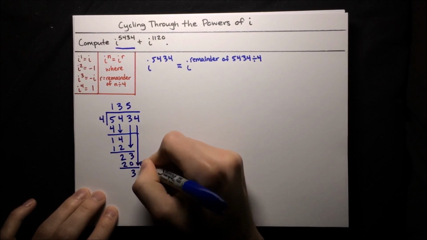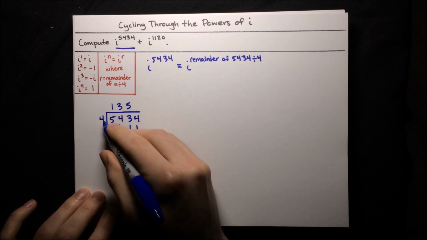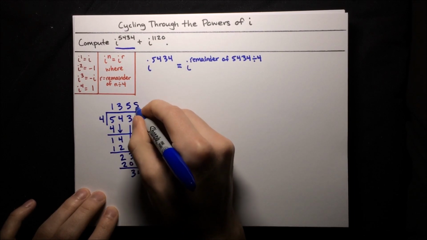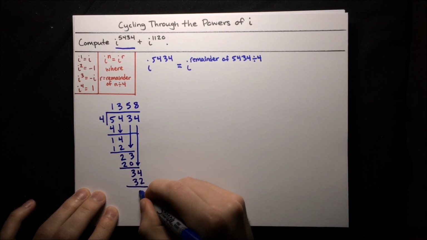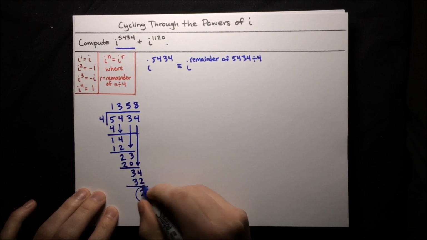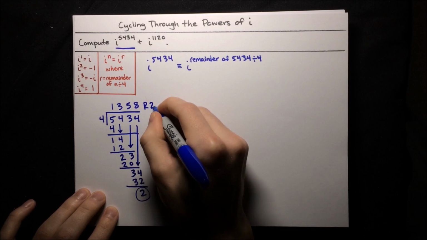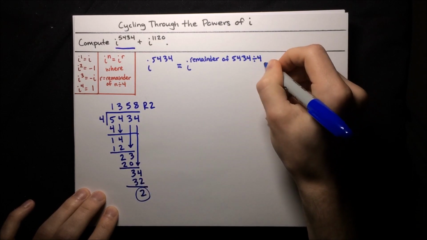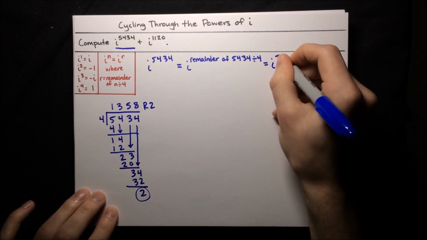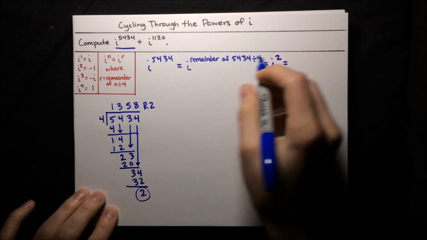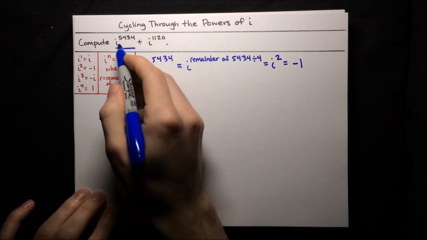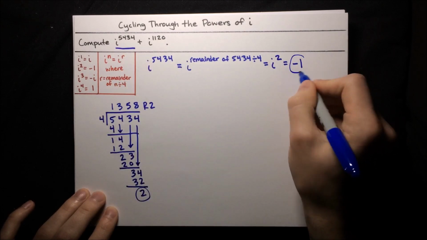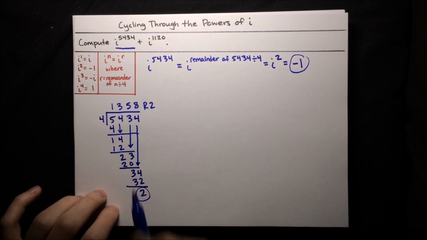Bring down the 4. 34. 4 goes into 34 8 times. 4 times 8 is 32, and subtract, and you've got 2, and 2 is the remainder here. So this is just equal to I squared, which we know from our table is just -1. Okay, so that's what we'll put in for this value here. Let's just circle it for now, and let's move on to the next one.